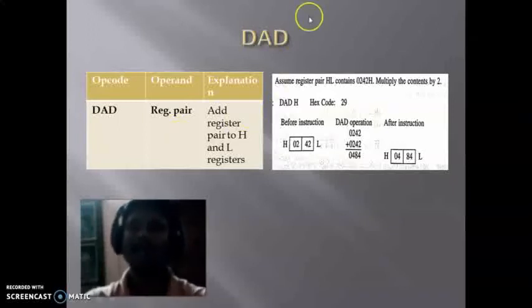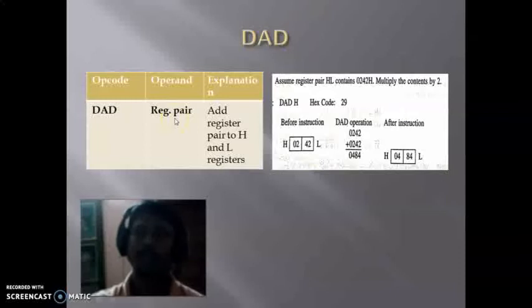Next is DAD. DAD register pair, it may be any register pair. It will add the content of the register pair to itself, which means the content of the register pair will be multiplied by 2.